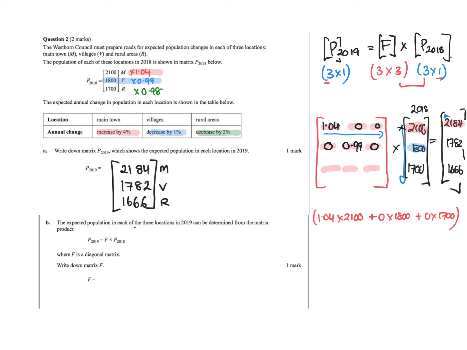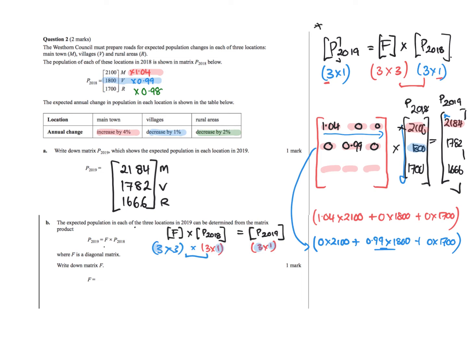If I did that calculation, it would have been 0 times 2100 plus 0.99 times 1800, plus 0 times 1700. So you can see I'm only influencing that second number.